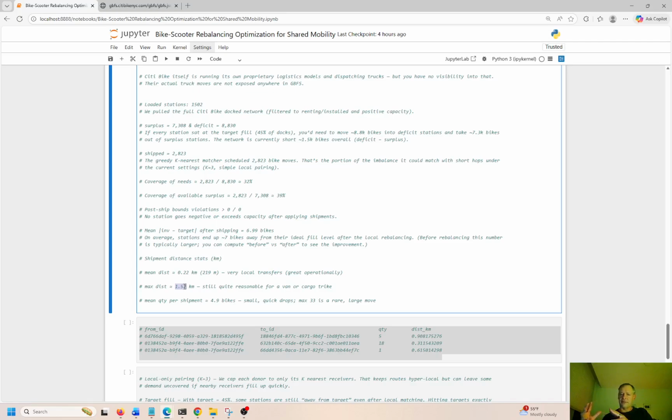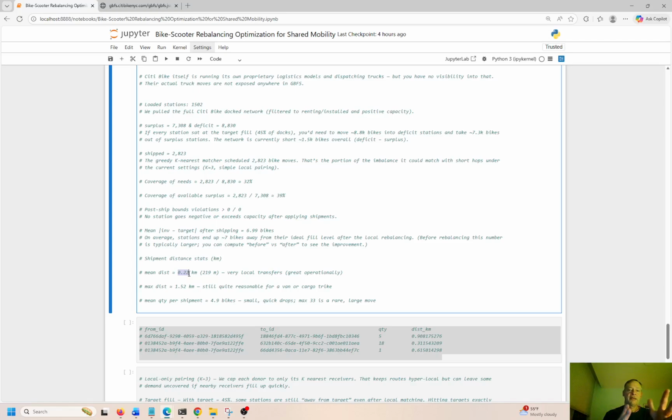When you move these things, it's going to be short distances. You're moving from one station, maybe a couple blocks down the street, right? So most of these are going to be pretty short. 1.52 kilometers was the longest. That's probably, was that miles? Not even a mile, right? But it's interesting to know that there was kind of a longer move here, but the average move is 0.22 kilometers. So again, probably most of these bikes are moving 2 or 3 blocks away, right?